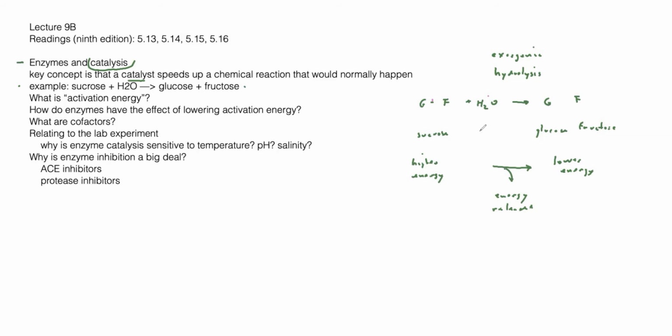Then when we come back to form the new bonds with glucose and fructose separately, we get more than that amount of energy back. In other words, we have to put energy in in order to break those bonds, and then we get energy back when we form the new bonds, and the energy back is greater than the energy that goes in at the beginning.